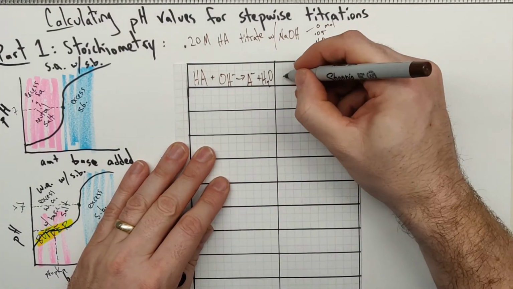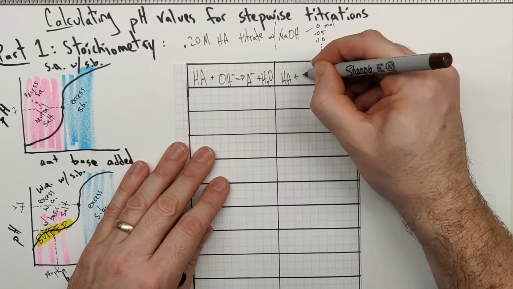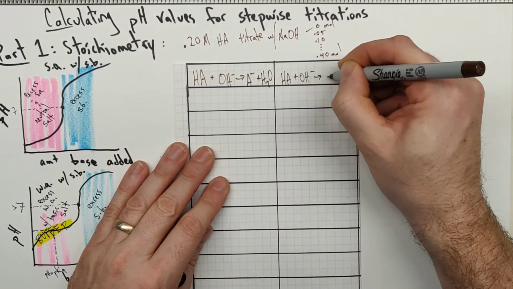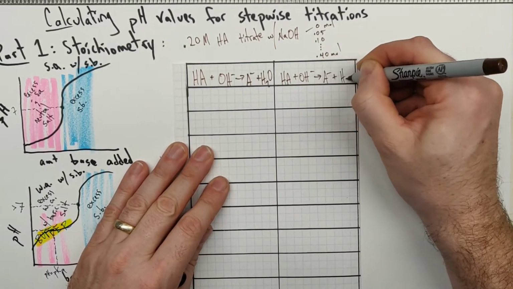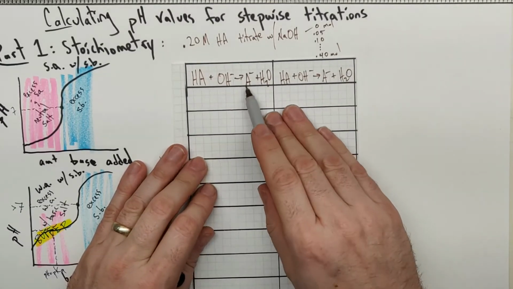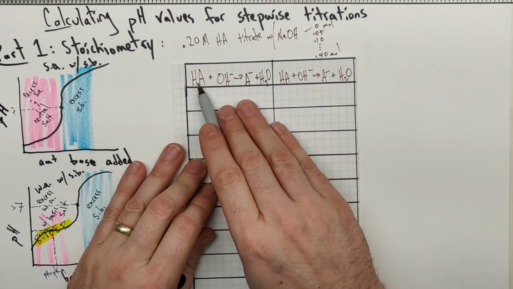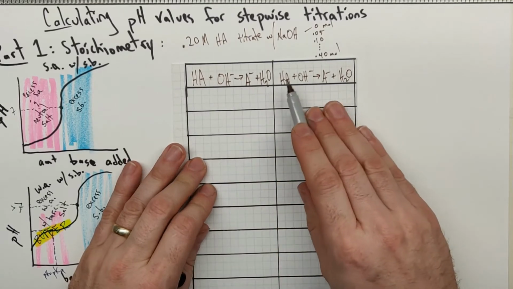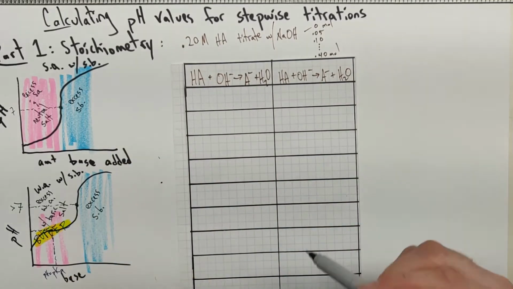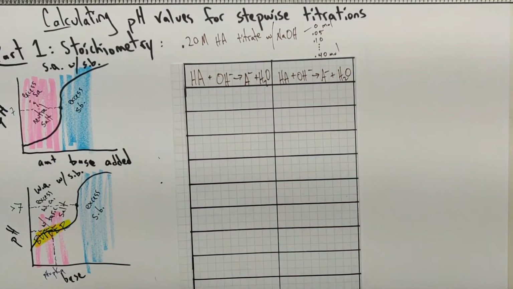Same deal over here, HA plus OH minus gives you A minus and H2O. It turns out that for a strong acid, you end up with neutral conjugate, and for a weak acid, you end up with a basic conjugate, and that can affect how your pH works out and whether or not we have a buffer situation.